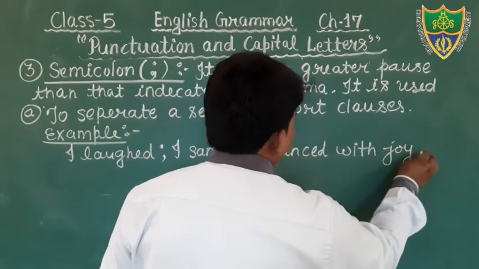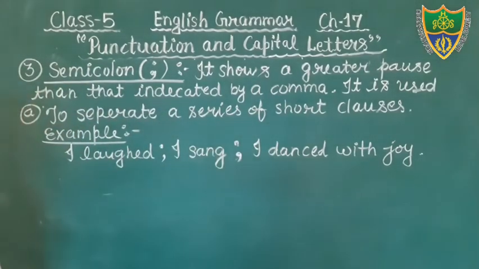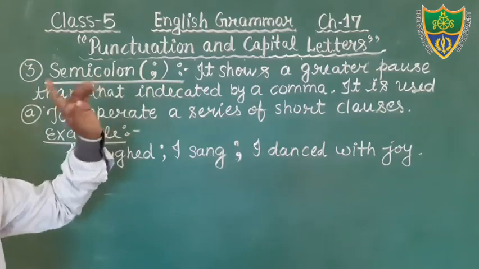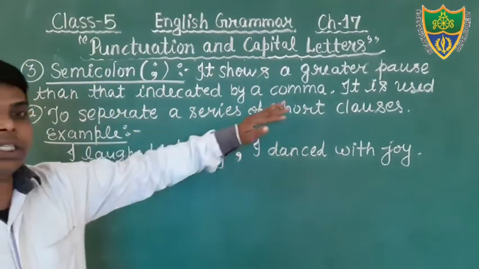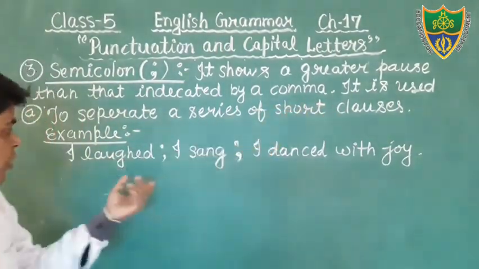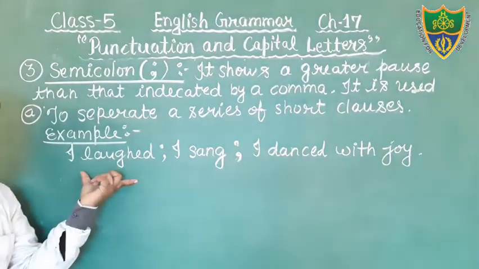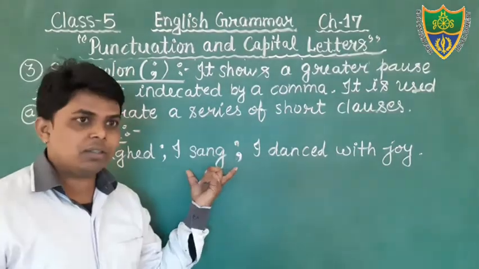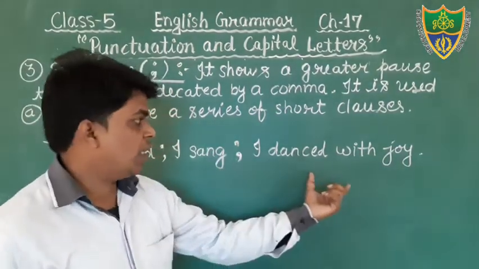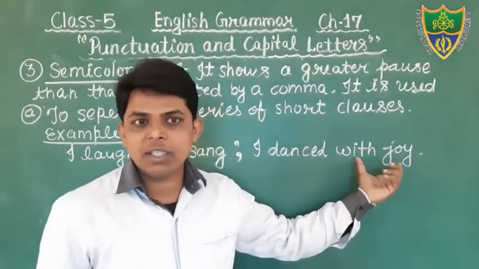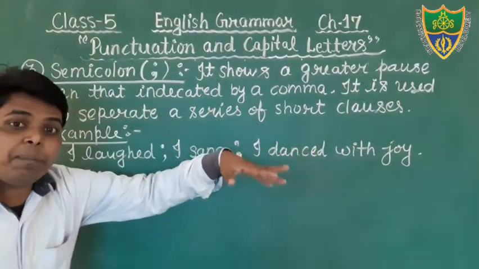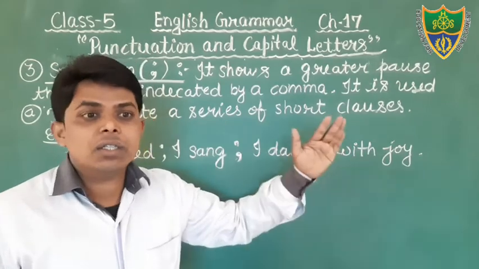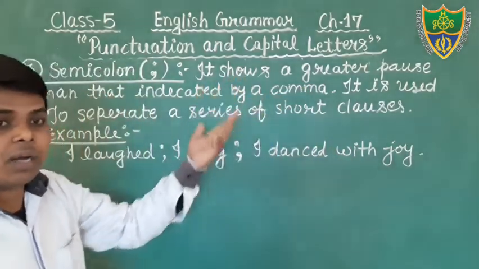We generally find the use of semicolon in poetry, in poems. As I have told you, it is used to separate a series of short clauses, and you can see the clauses. I laughed, semicolon. I sang, semicolon. I danced with joy. And it indicates a greater pause than comma.